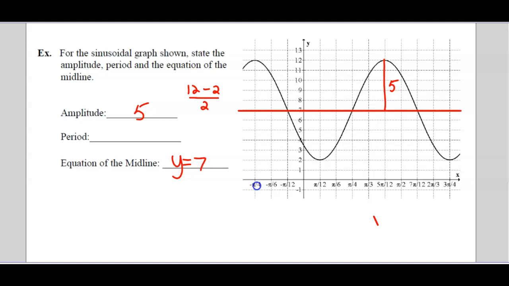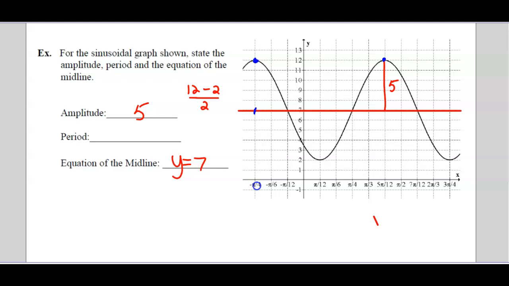Then the period. You can look for the same point in two cycles, the beginning of a cycle and the end of it. You can look from here to here at these x values and subtract them.